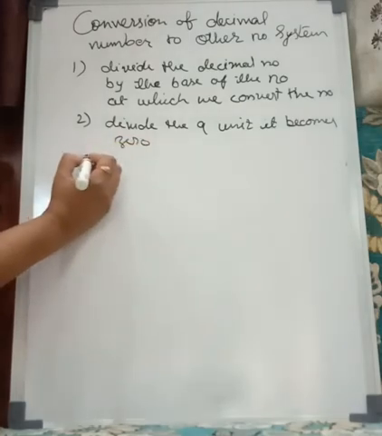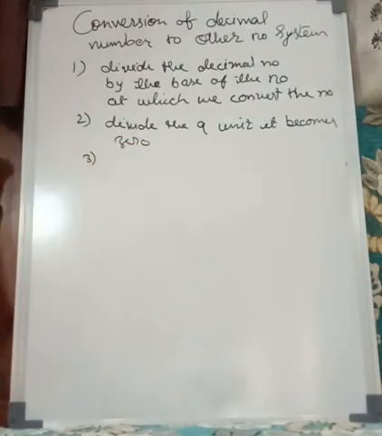Then the third and last step is to jot down the list of remainder values in reverse order and find the equivalent of the integer part.